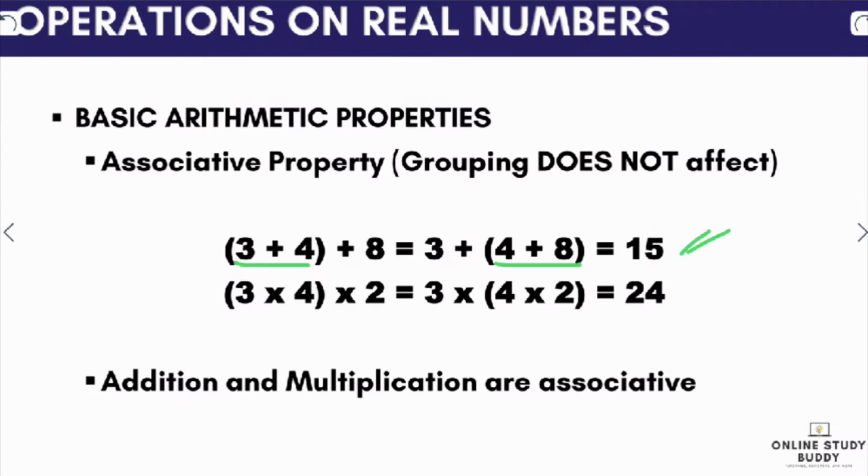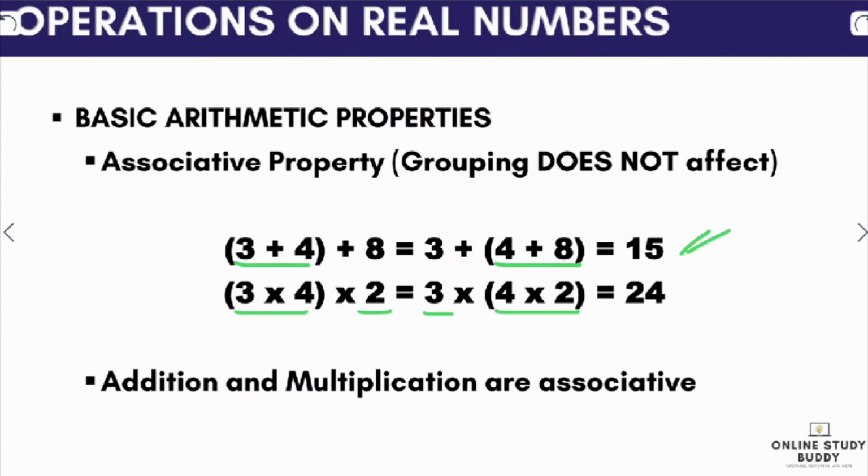Same for multiplication. If we have 3 times 4 times 2, kahit una nating i-multiply yung 3 times 4, tapos saka natin i-multiply sa 2, same pa rin yung result natin if unahin natin i-multiply yung 4 times 2 bago natin i-multiply sa 3.